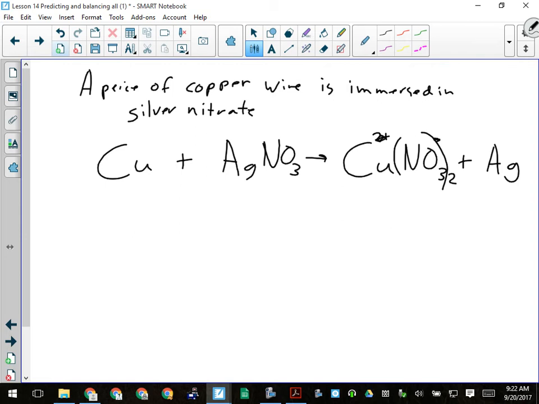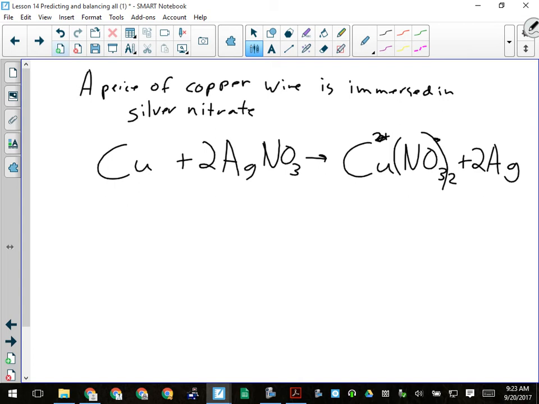There's 2 on the product side, but only 1 on the reactant side. So we put a 2 there. That gives me 2 silvers, so I've got to go back and make sure I have 2 silvers. I have 1 copper on each side. Now last step, double check. 1 and 1, 2 and 2, 2 and 2. Good.